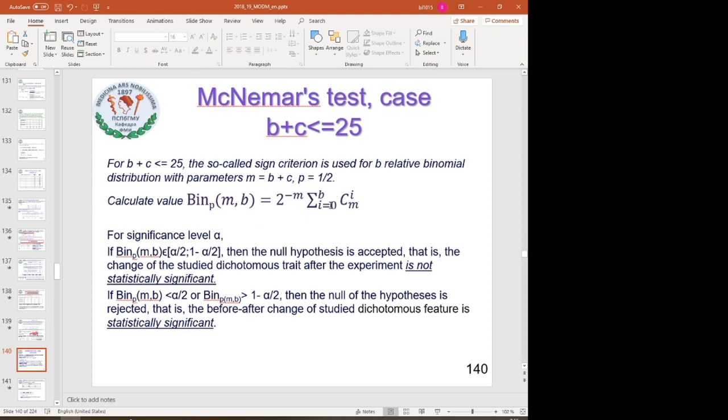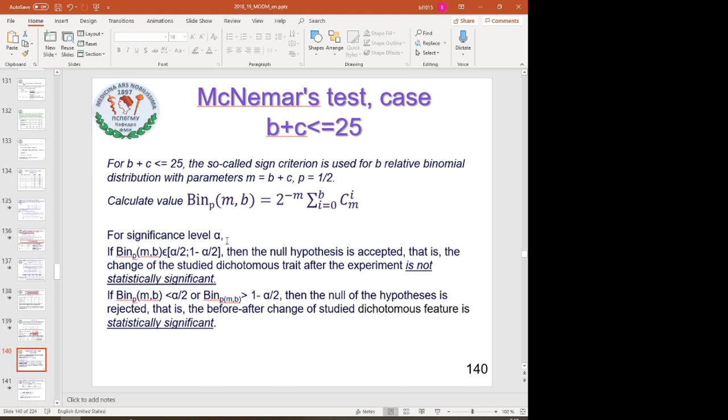We select B or C, it doesn't matter which one, and we summarize all the values of combinations from B plus C with 1, 2, 3 and so on up to B. So all values of i that are less than B. This is the numerator, and the denominator is all possible variants of distribution between B and C. So this is the usual binomial distribution that we studied in the previous part of our course.